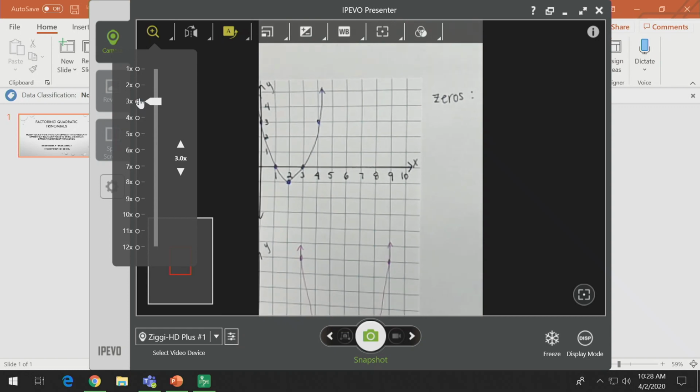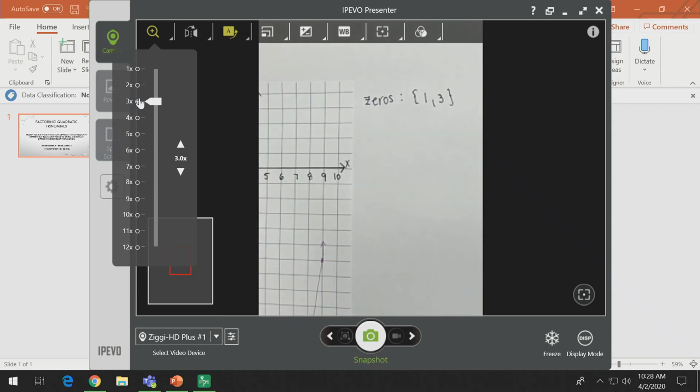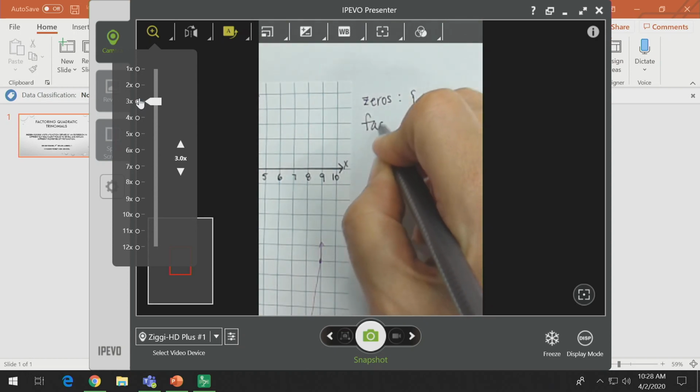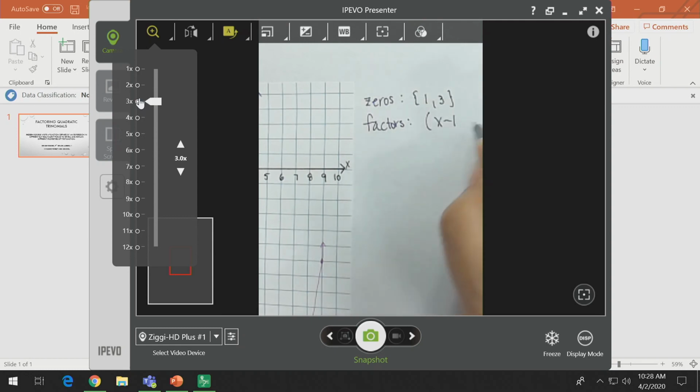And so I want to be able to build a function knowing that my zeros are 1 and 3. Now you'll have to take my word for this. If the zeros are 1 and 3, the factors are going to be x minus 1 and x minus 3.